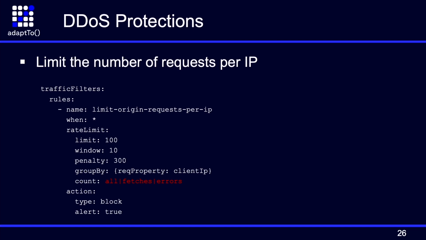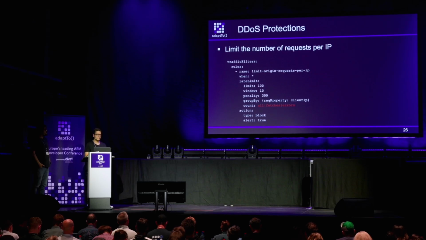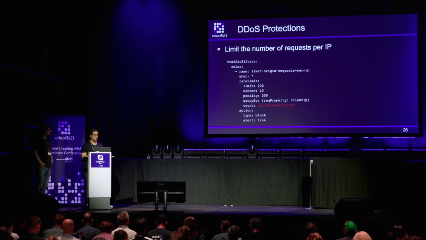We recommend using all three variants: a high limit to count all requests, a lower limit to only count fetches, and if you want, also a limit for errors. Every variant will protect different things. Count all will protect your content request budget.